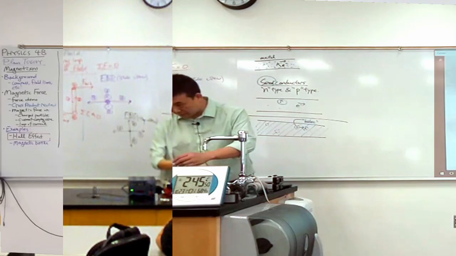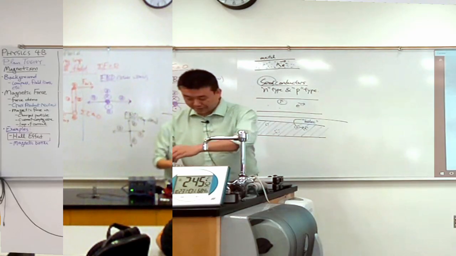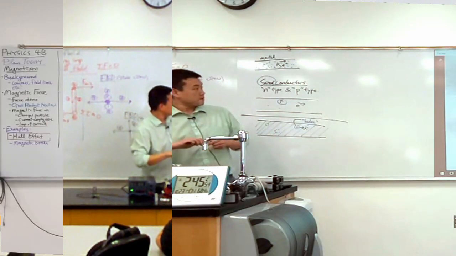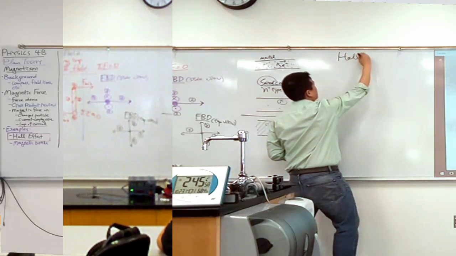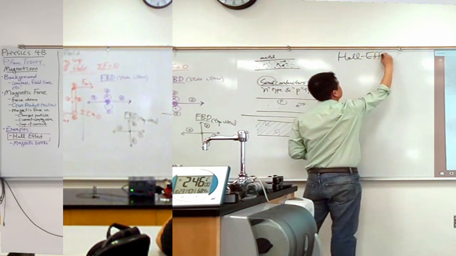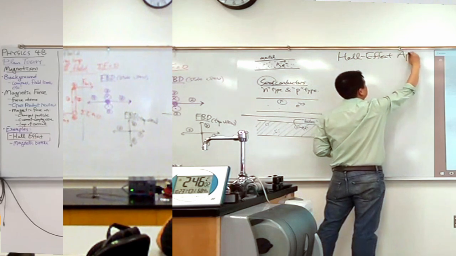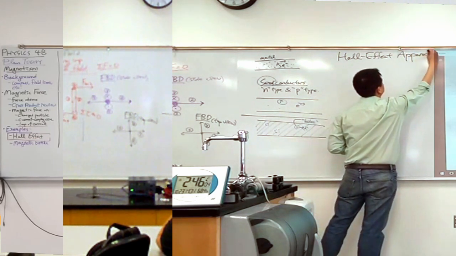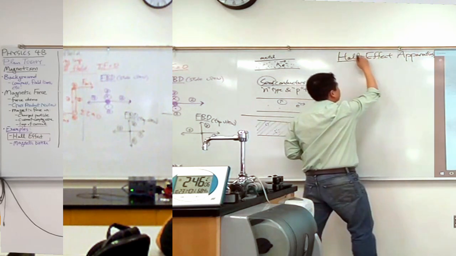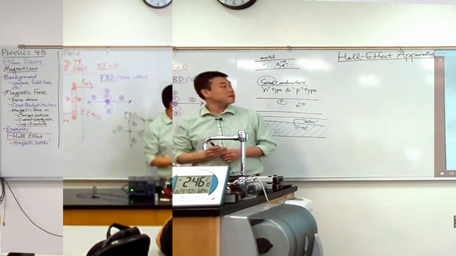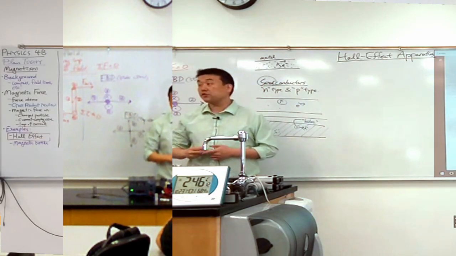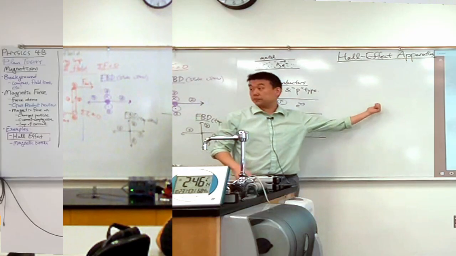Anyway, let me describe the setup. I only have like 4 minutes to finish describing. Let me call this the Hall effect apparatus. In this example, it's going to be easier for me to draw the picture if I orient the direction of the magnetic field perpendicular to the plane.